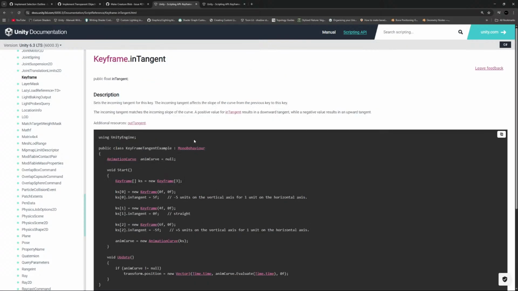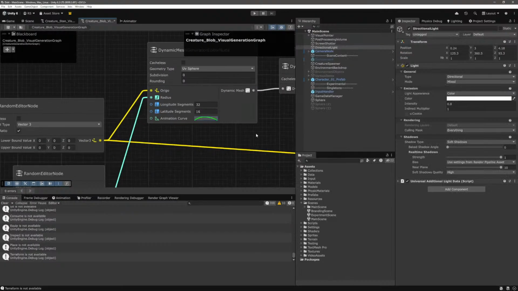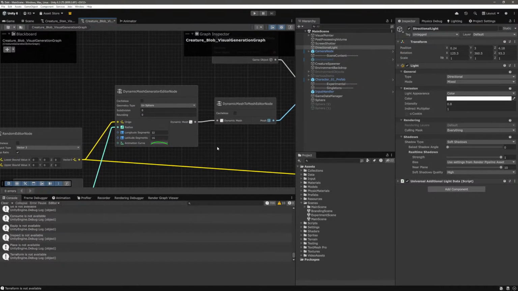Why is it just a float? Isn't that weird? Okay, I definitely wanna experiment with this. You know what? Let's start easy. I'm gonna create a task for this.